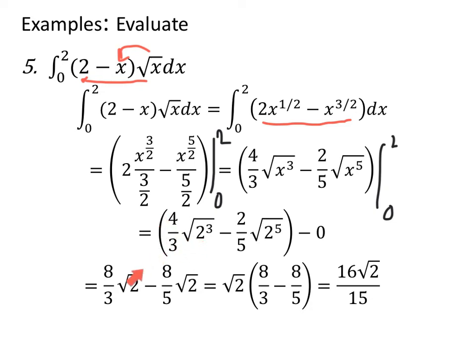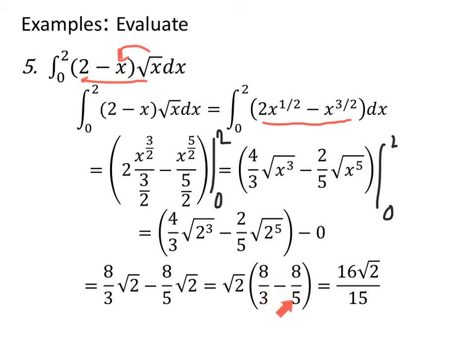So I'm going to multiply 2 times 4/3 and get 8/3, square root of 2. 2 to the 5th underneath a radical, I'm going to be able to take out a 4. 4 times 2 is 8/5, and the square root of 2 is not in the radical, but the 2 is still in the radical. Notice they both have a square root of 2. I'm going to factor that out.